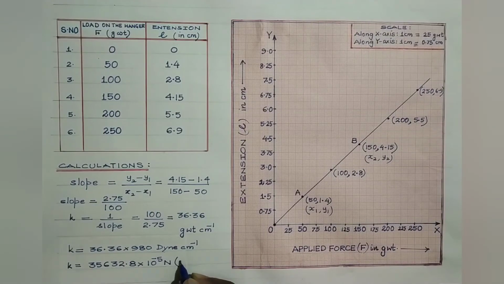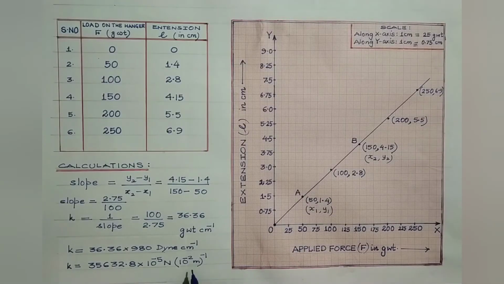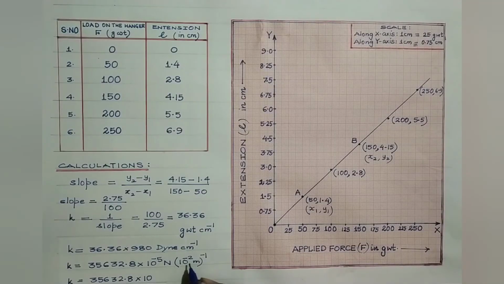And 1 centimeter, students, you are aware it is 10 raised to the power minus 2 meter. So on solving it, what we get is 35,632.8 multiplied by 10 raised to the power minus 5 and 10 raised to minus 2 to the power minus 1. That will give us 10 raised to the power plus 2. So we will be left with 10 raised to the power minus 3 Newton per meter.